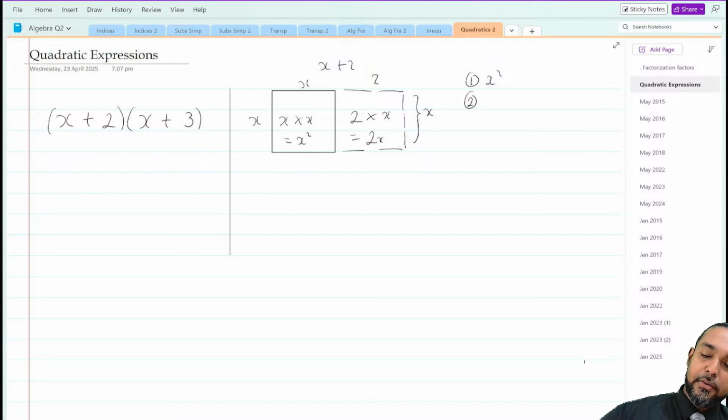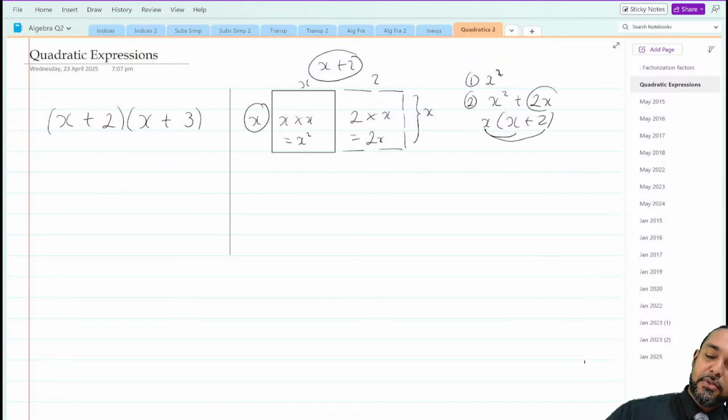The second area, when we added just the horizontal expansion, is the sum of the separate areas, x squared plus 2x. Now, if you consider this by that, which is x by x plus 2, guess what? X by x is x squared, and then x by 2 is 2x.